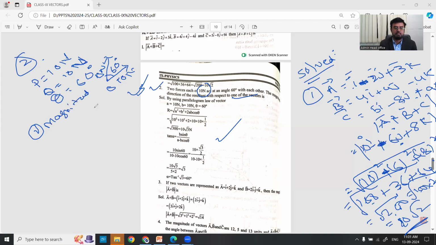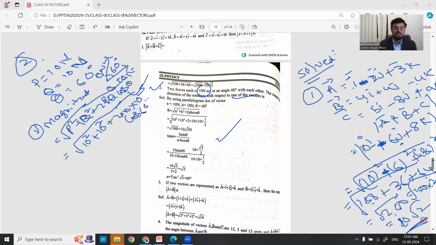Magnitude of the resultant is given by under root of P square plus Q square plus 2PQ cos theta, as per the parallelogram law. So under root of 10 square plus 10 square plus 2 into 10 into 10 into cos 60. Cos 60 degrees value is 1 by 2.